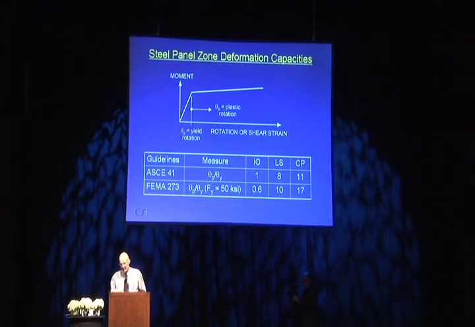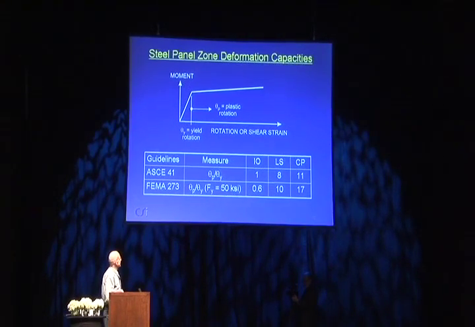The other reason is just to indicate how inexact a science this is. FEMA 273 was a precursor to 356. And it actually specified the rotation capacities rather differently, but if we use a 50 KSI steel, these are comparisons of what was allowed in FEMA 273 and what's allowed in ASCE 41.